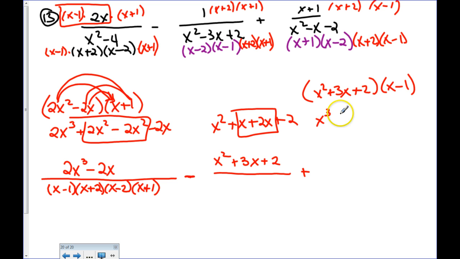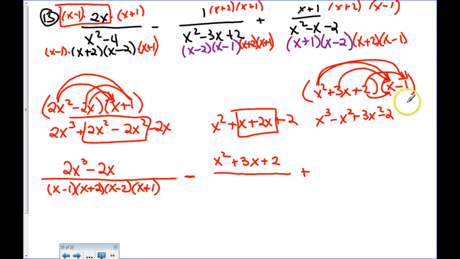X squared times negative 1, negative x squared. Do you remember doing this? I'm multiplying this by this and this by this first. Now I'm going to take 3x and do the same thing. 3x times x, 3x squared. 3x times negative 1, negative 3x.